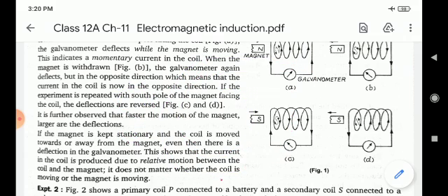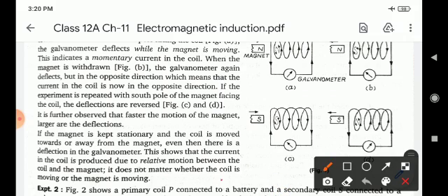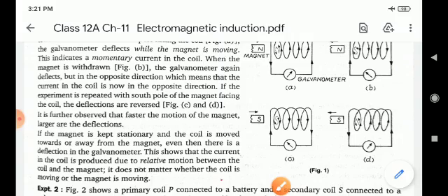If the south pole moves away from the coil, then it behaves as a north pole. So children, in this figure, the direction of the north pole is the anti-clockwise direction. Okay children?